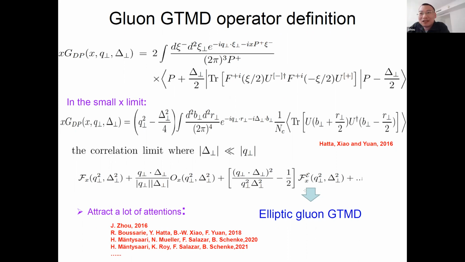Yes. It's called the elliptical gluon distribution. This correlation can produce a cosine 2 phi asymmetry, so it is related to the v2 flow phenomenon. So I guess these three guys called this distribution that.